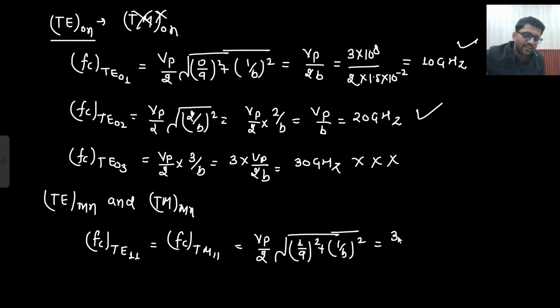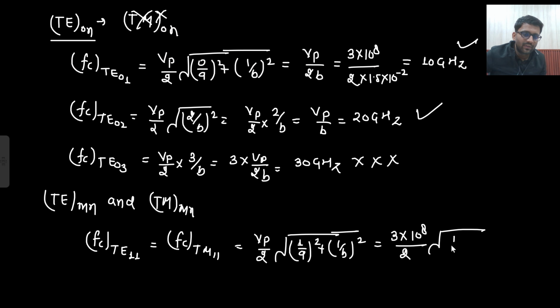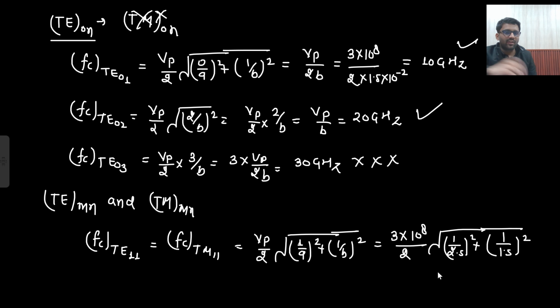So what will be the answer? 3 into 10 to the power 8 divided by 2 under root 1 by 2.5 whole square plus 1 by 1.5 whole square. Now you know this was in centimeter, so centimeter square will be there here, and here also, so that centimeter square will come out. What would that be? Centimeter only. So here 10 to the power minus 2 will also be there.